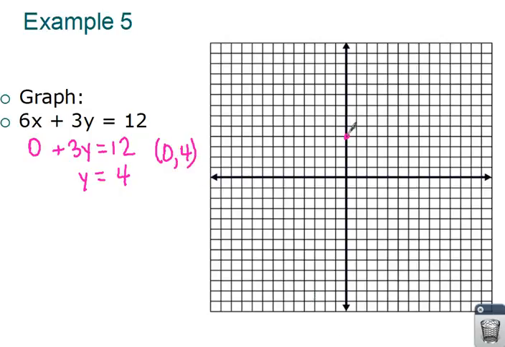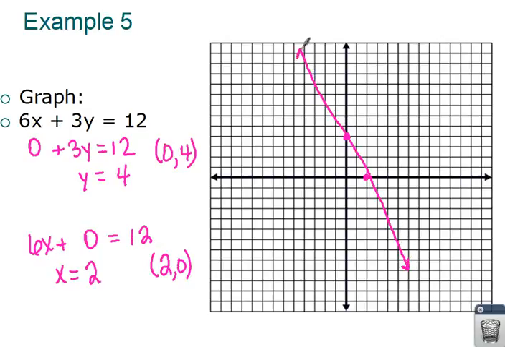All right, this point is on our line already. Let's say we plug in 0 for y. So we'd have 6x plus 0 equals 12. Then x has to be 2. So we have 2, 0 as a point on our line. So then we can just draw our line through those 2 points because we have a postulate that says 2 points make a line.